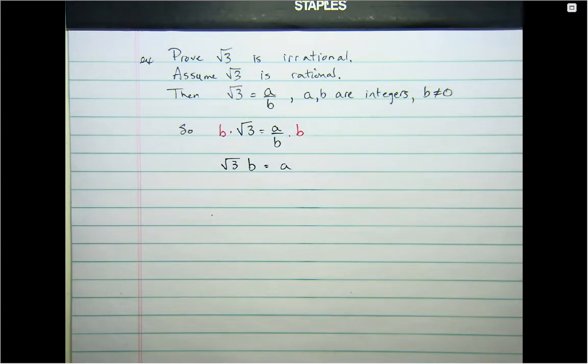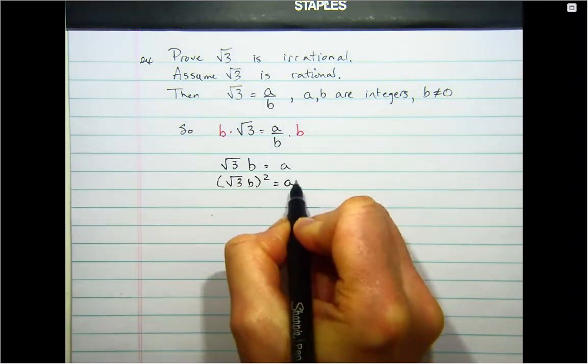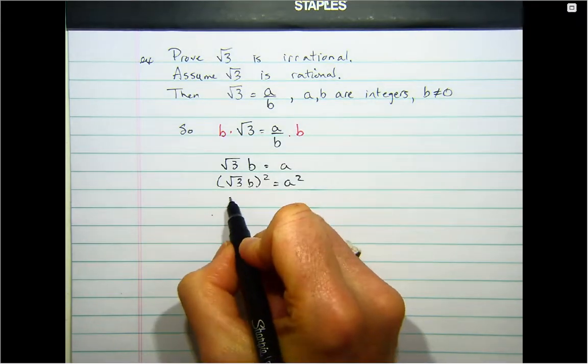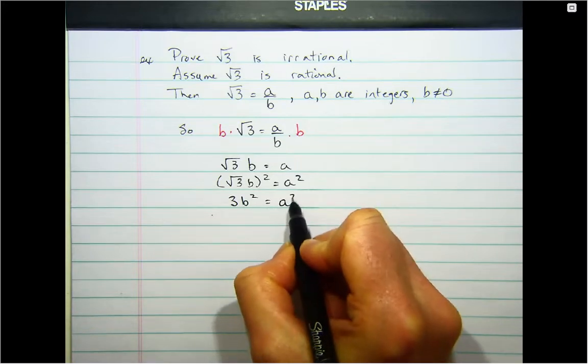So that's a nicer equation, no fractions. And then you can square both sides of the equation next. So the square root of 3b times the square root of 3b on the left. The square root of 3 times the square root of 3 is 3, and the b times b is b squared. On the right you have a squared.